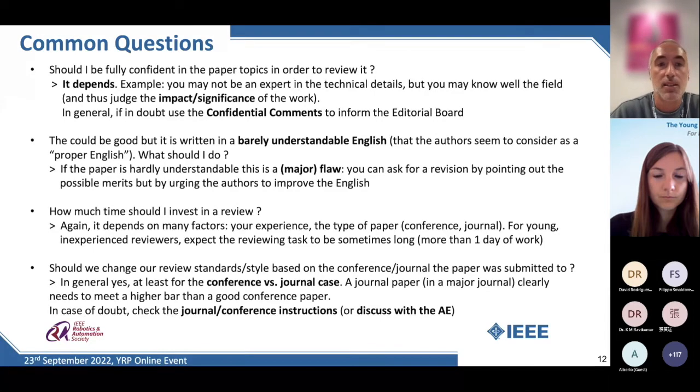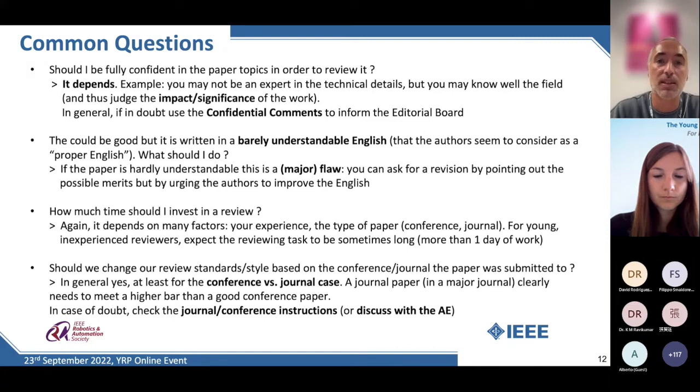Because for example, you may not be an expert in the deep technical details, but you may be an expert in the field. So I don't know, you get a paper about SLAM with some new formalism or mathematical tool to attack the problem.